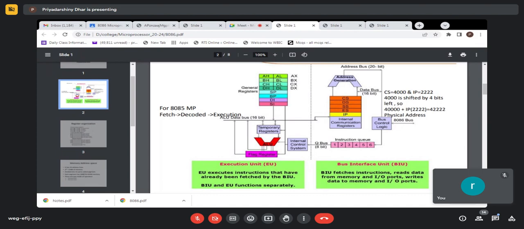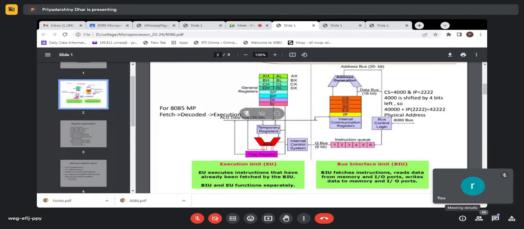But in the 8086 microprocessor we have segmented memory locations. CS means the code segment; inside this code segment we store the code of the instruction. For the data segment, we store the data in DS, the data segment memory location. Clear, everyone? Any doubt?